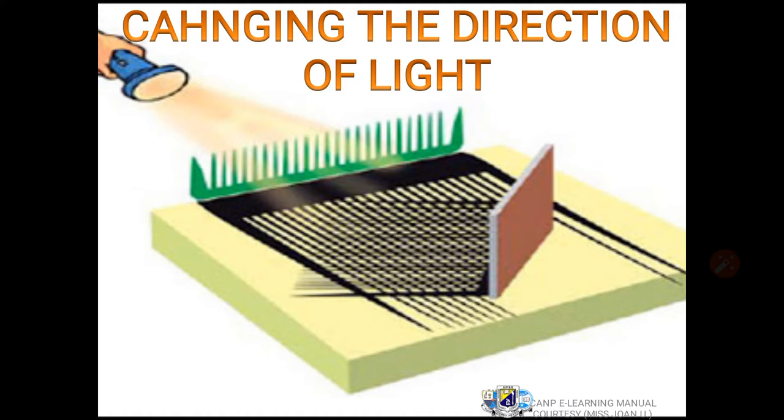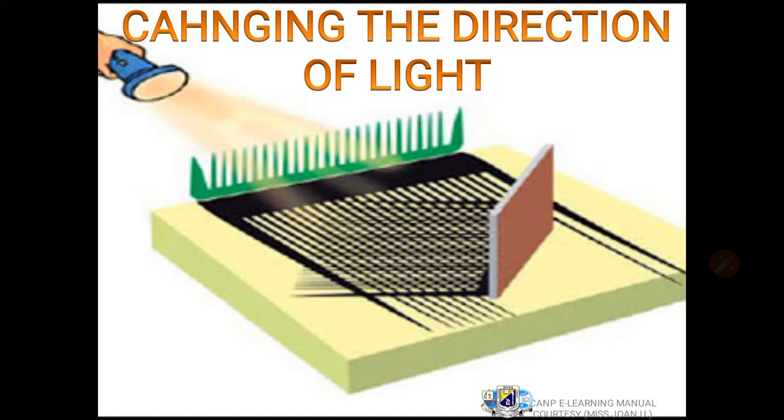Today we'll be learning a new part of a topic, and it is called changing the direction of light. This summarizes the end of the topic, and we're going to proceed to our practical. We talked about light.